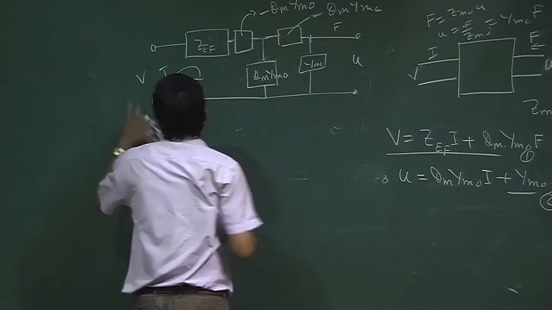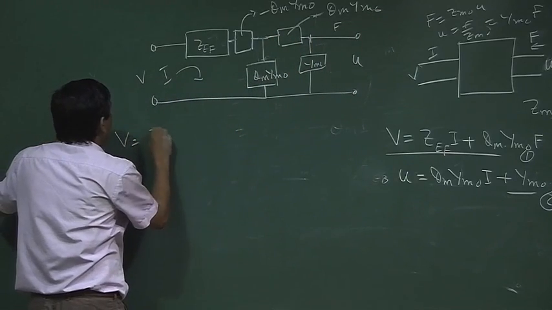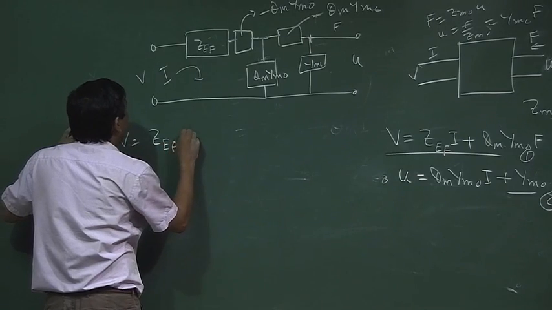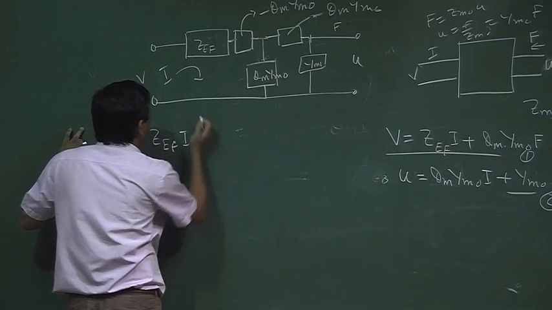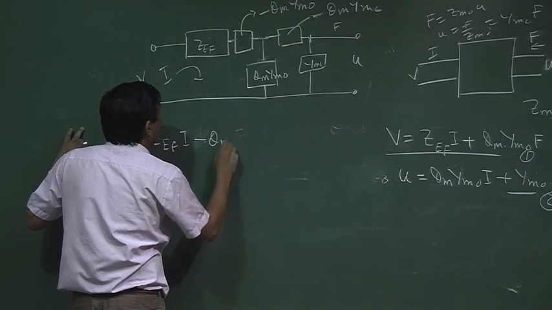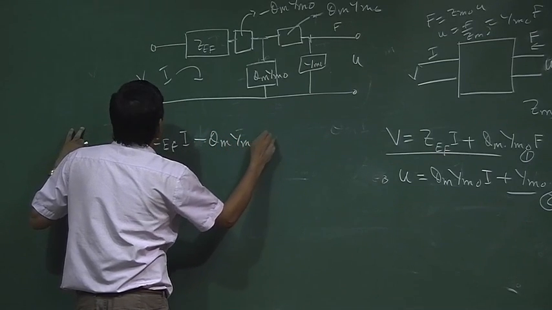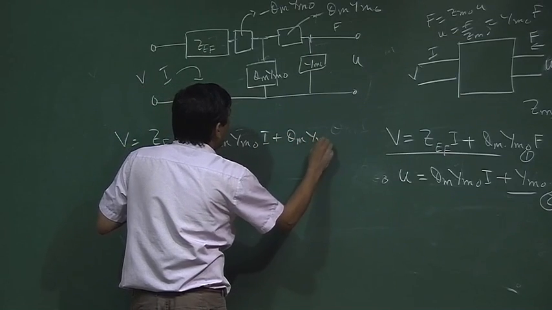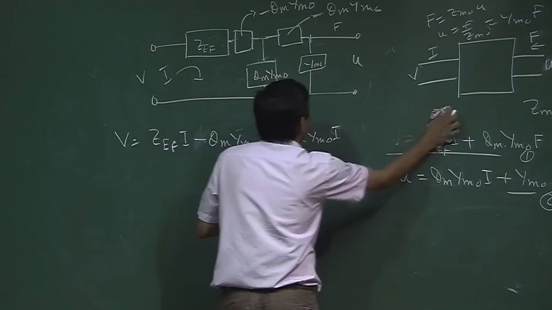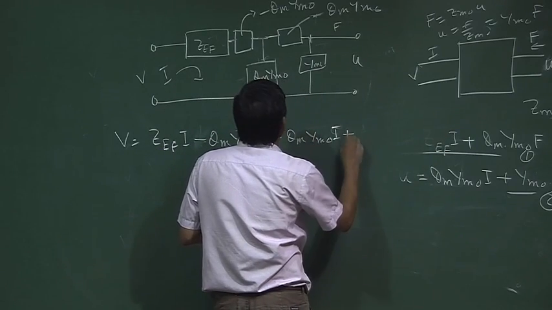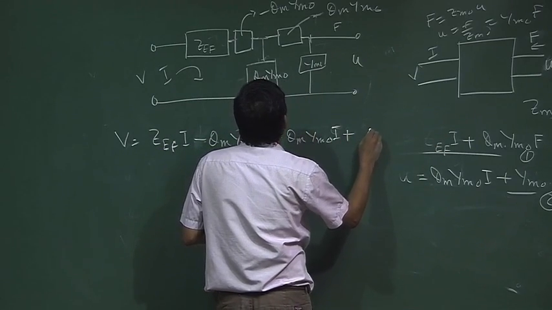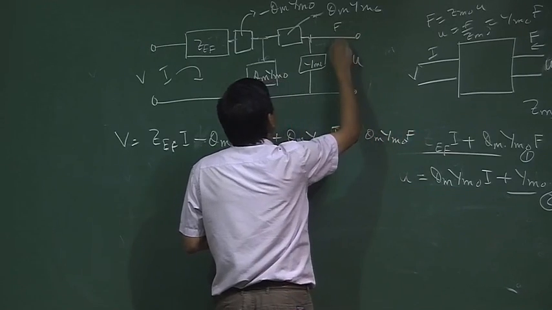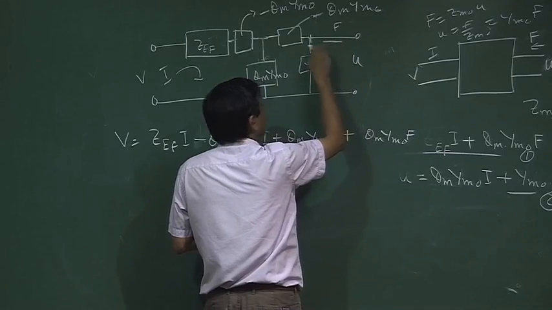Now, if you derive, V is equal to ZEF into I plus minus phi m YMO into I plus phi m YMO into I plus phi m YMO F. F is flowing.